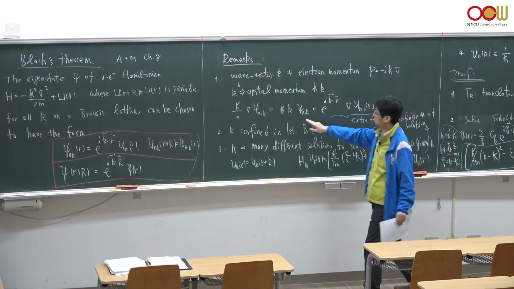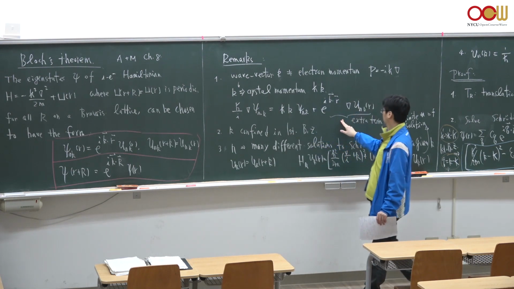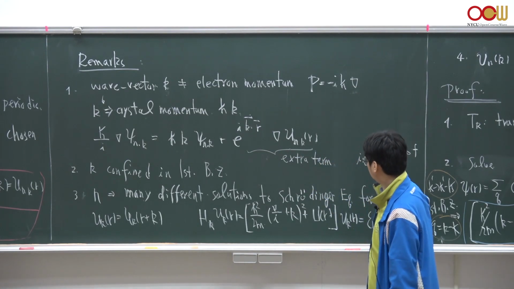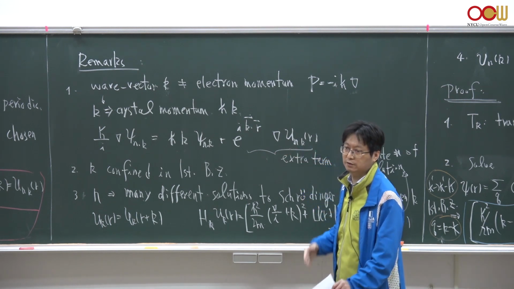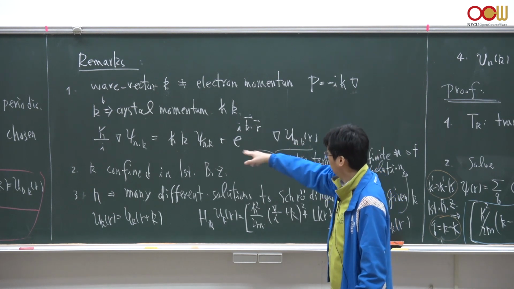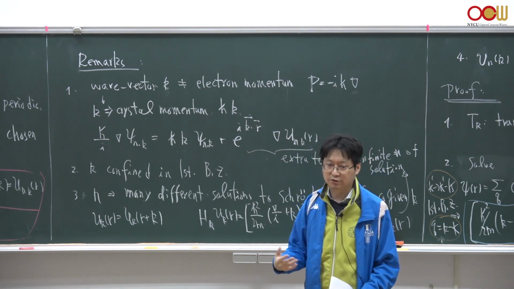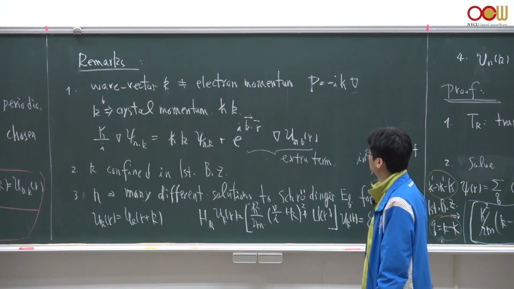In addition to this so-called crystal momentum h bar k, you get an extra term. If u_nk(r) is simply a constant independent of position, then this gradient term vanishes, and you go back to the simple interpretation of k as your electron momentum.